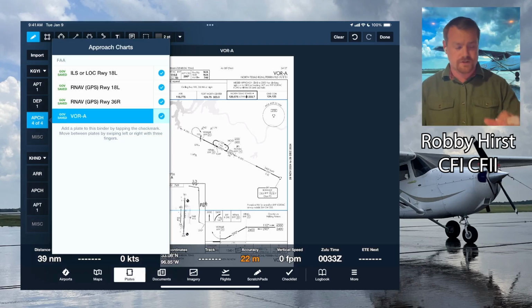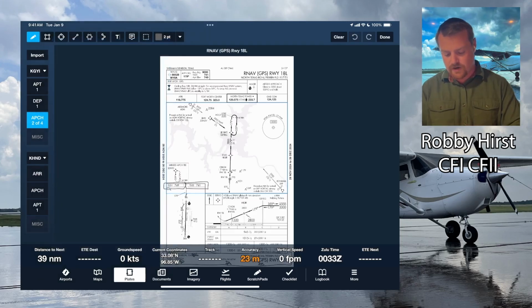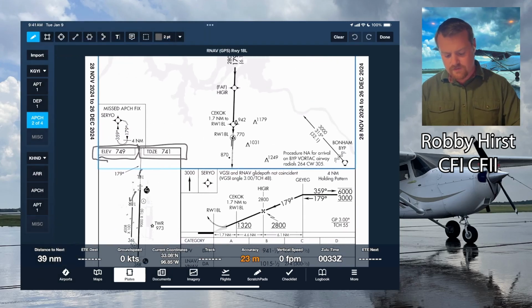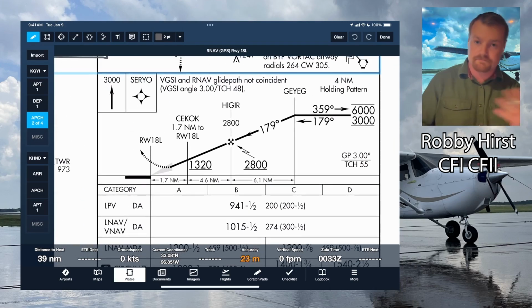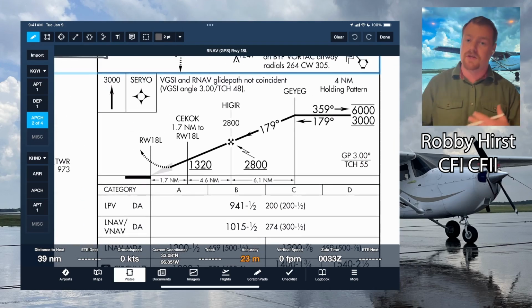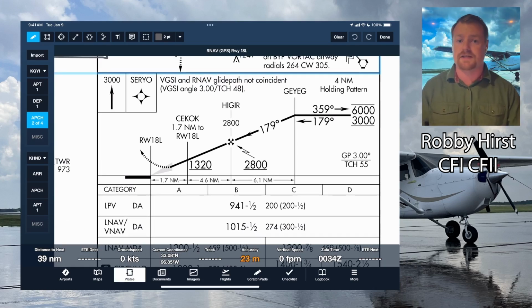The other non-precision approach example I want to talk through is going to be an RNAV. So I've got the RNAV 18, just like we had for the ILS 18. Like I mentioned, the RNAV is technically a non-precision approach, even though if you have a WAAS-enabled GPS, it is going to be able to give you that vertical guidance down.